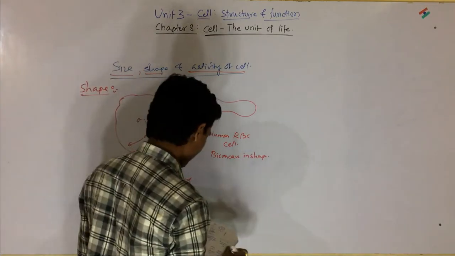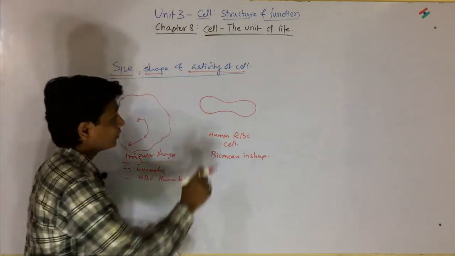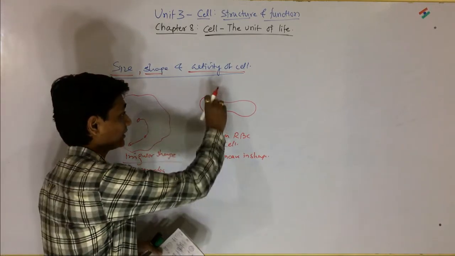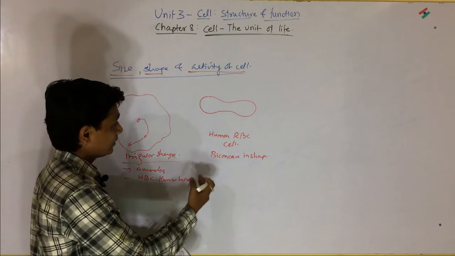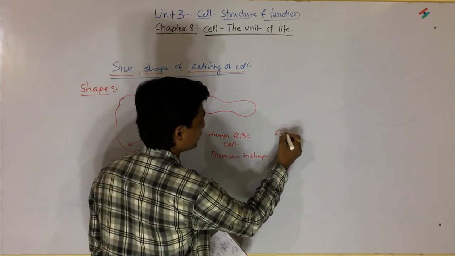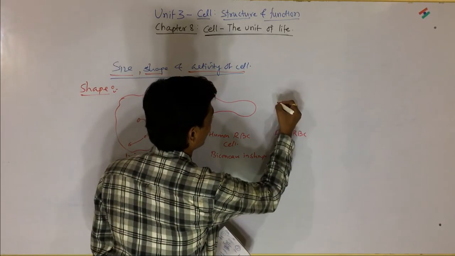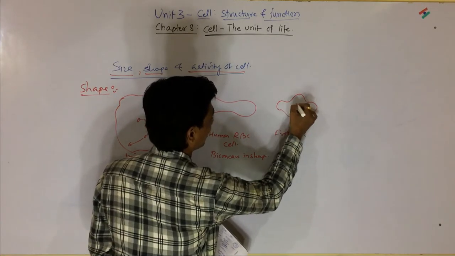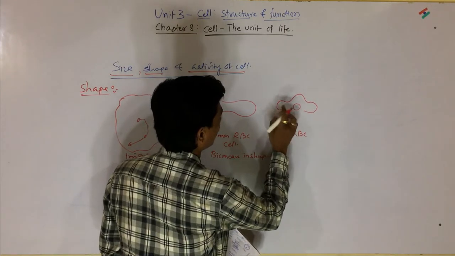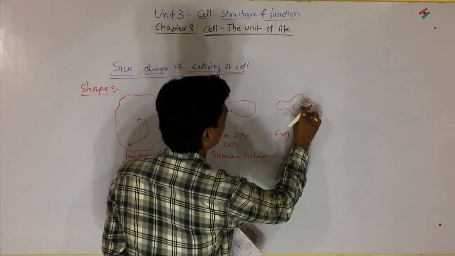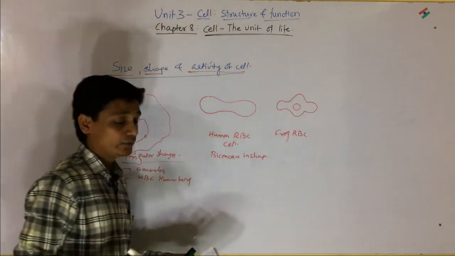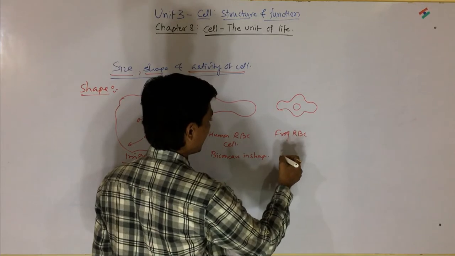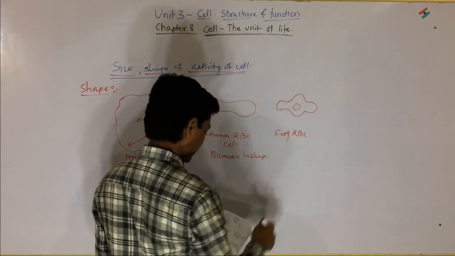This is because the human RBC cell doesn't have a nucleus, so it shrinks here. If we consider the frog RBC cell, it is somewhat like this, as it has a nucleus inside it. So frog RBC is somewhat swollen.